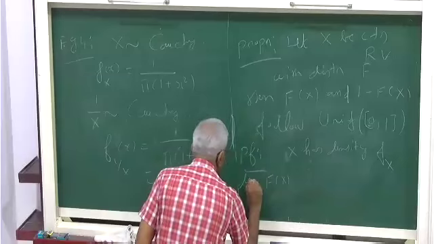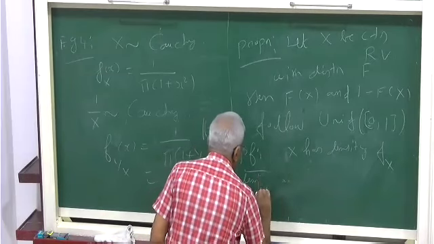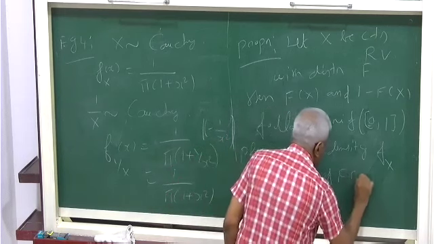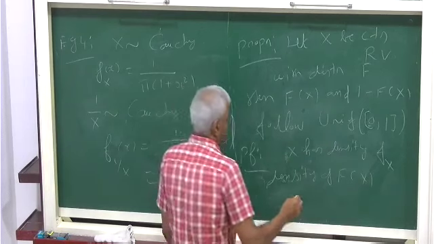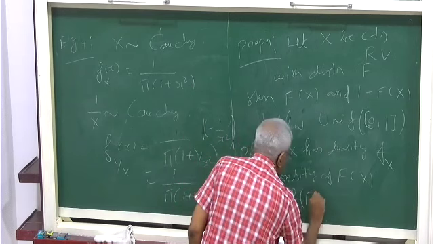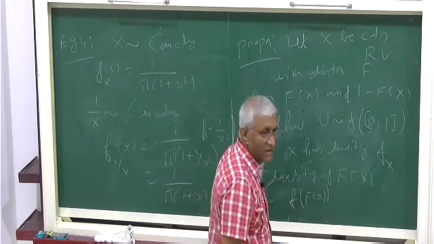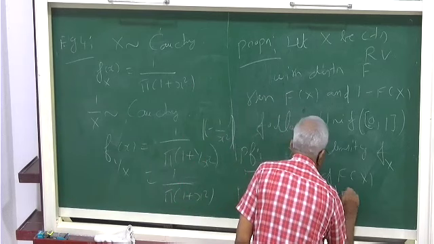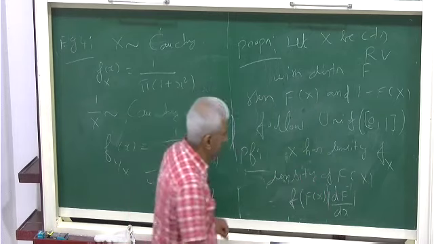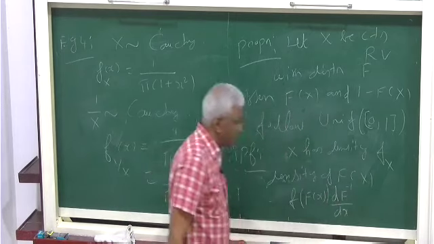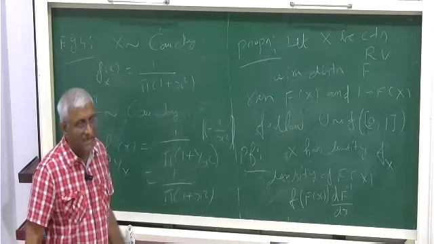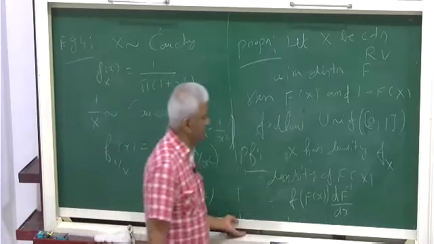It is the density f at f inverse of x, then d f inverse of x, mod of this, whatever. But this is, of course, increasing, so you don't need mod. It's positive. f is increasing. Okay, continuous means it's strictly increasing.